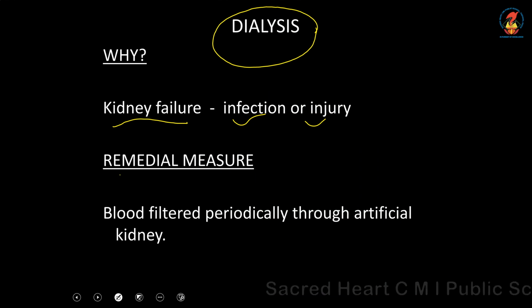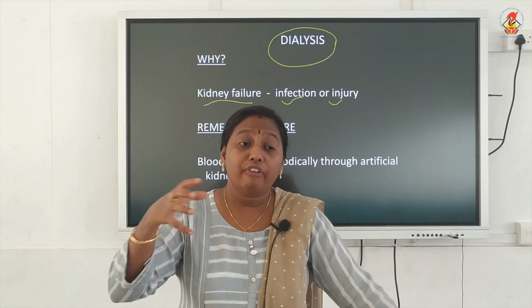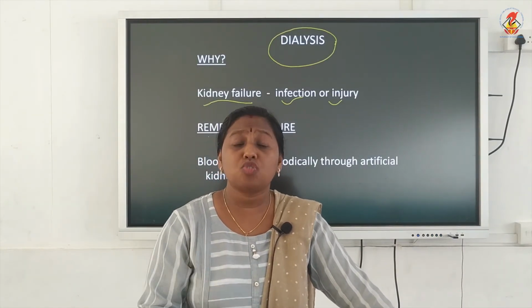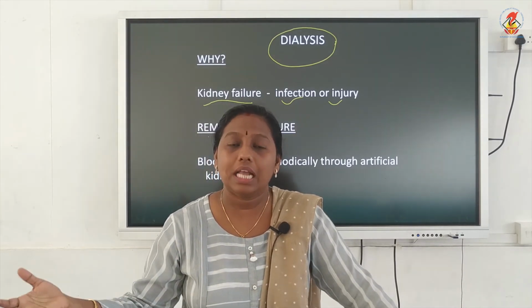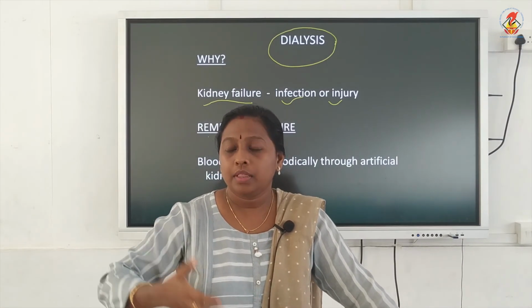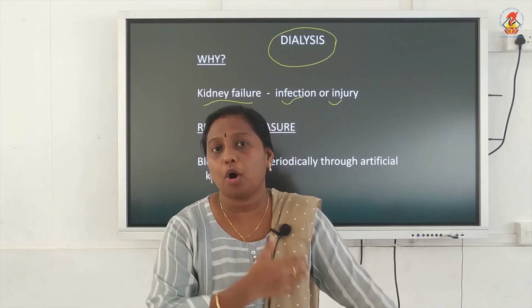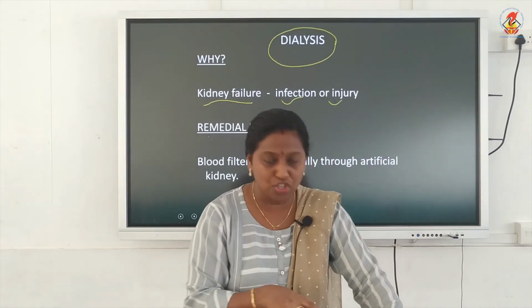Now, what is happening in dialysis? The function of a kidney is actually done by a machine, and you call that machine an artificial kidney. This machine will be kept outside the body of the patient.